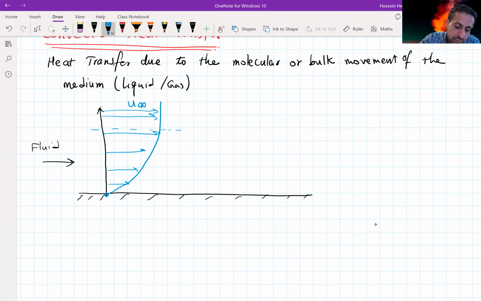And as we move away from this wall, the velocity will keep increasing till it reaches the free stream velocity, which is u infinity. And after that, the velocity does not change. Now this forms a hydrodynamic boundary layer.